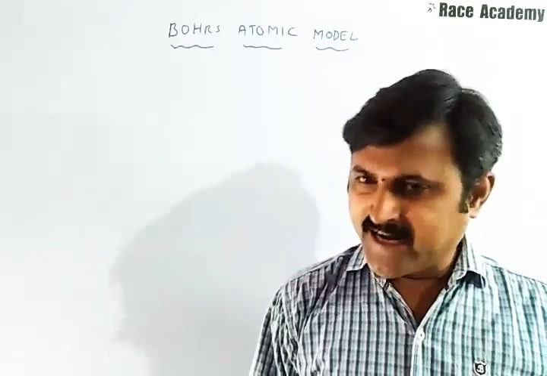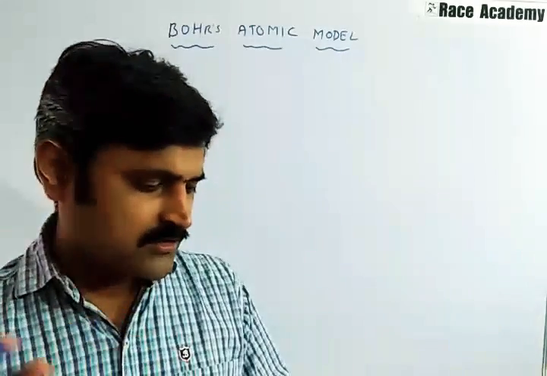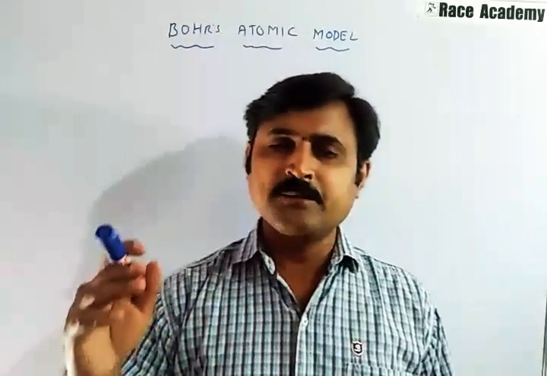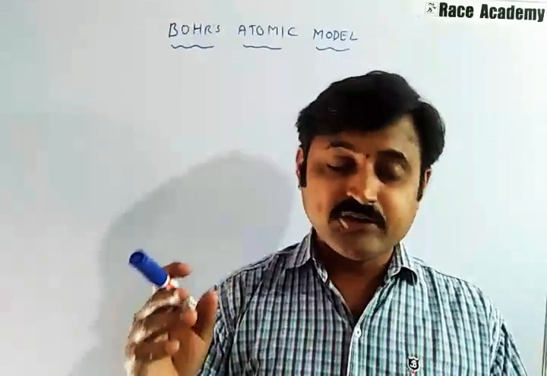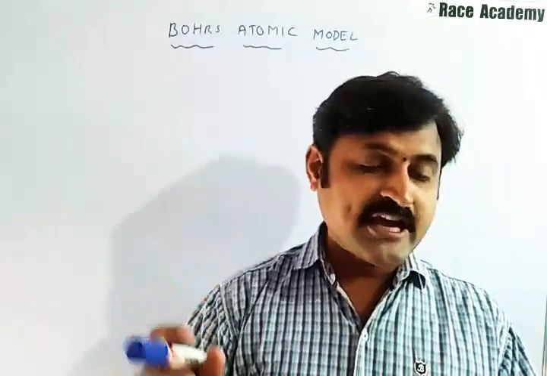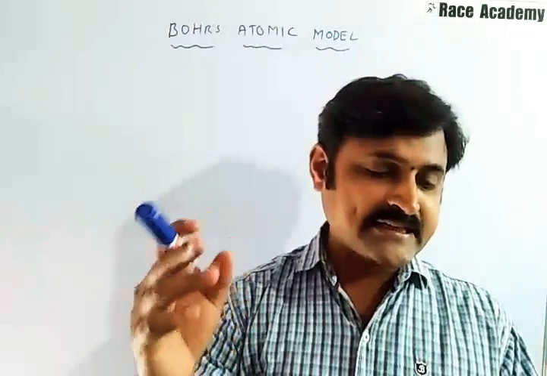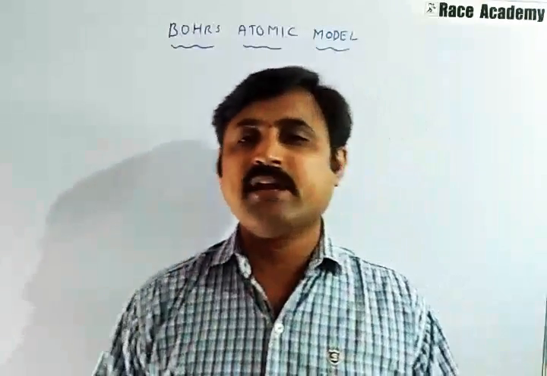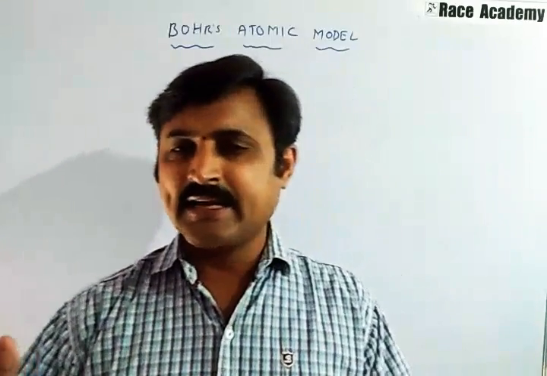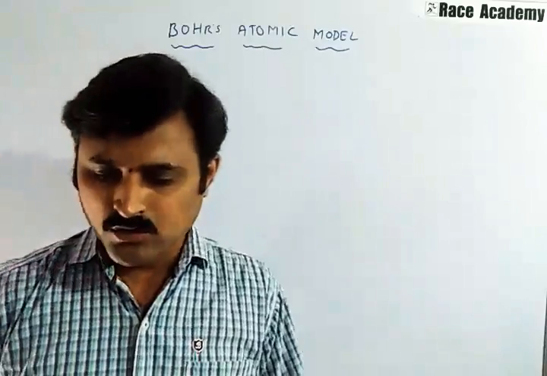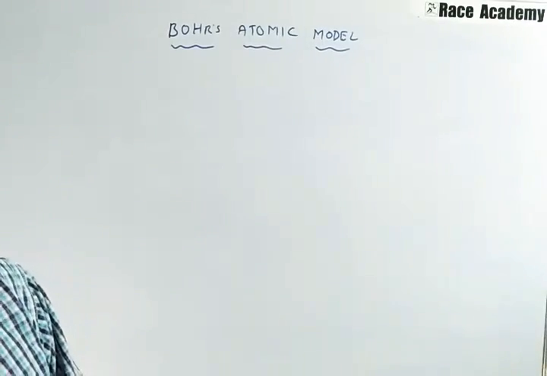See, in one continuous flow, the important postulate was discussed: an atom consists of a dense nucleus situated at the center with the electrons revolving around in circular orbits without emitting any energy. This is also one of the most important points.